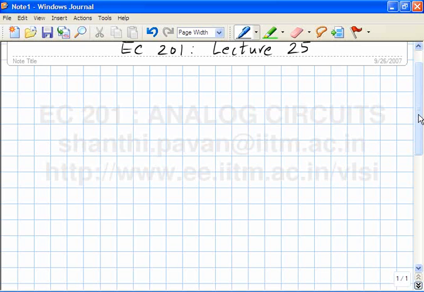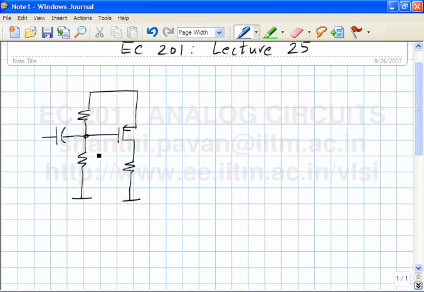Since we've been through the NMOS case, we can quickly zip through the PMOS case, and we saw how to build up a common source PMOS amplifier. So this was RA, this was RB, this is VDD.